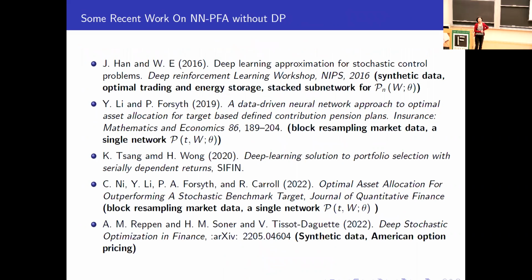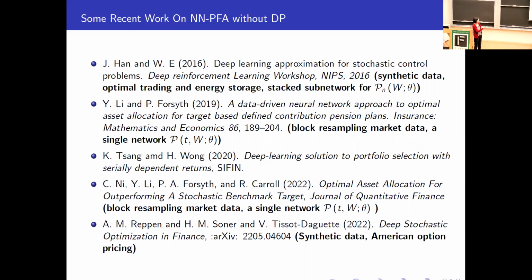And indeed, this idea of using the neural network to approximate the control function to solve those optimal decision problems has been taken up even in the field of finance over the years, and this is by no means an exhaustive literature listing as well. So yeah, we can see many works basically follow this idea, using neural network to represent the control function you're looking for by solving a single optimization problem, the original optimization problem, without using dynamic programming, right?